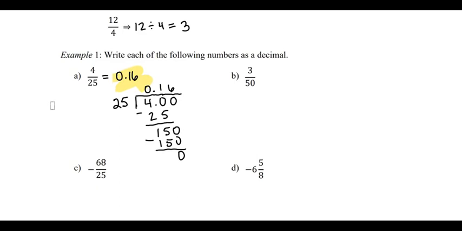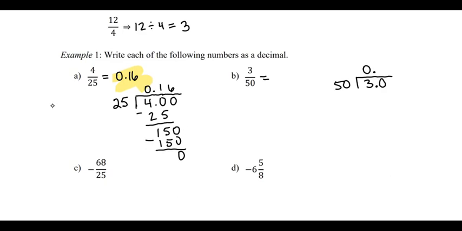Okay. Moving on to the next problem, we have 3 divided by 50. So we're going to set up our long division, 3 divided by 50. So again, 50 does not go into 3, so we will not have any whole number results. So everything's going to be a decimal. Put the decimal point right in a 0, and now treat this number as 30.